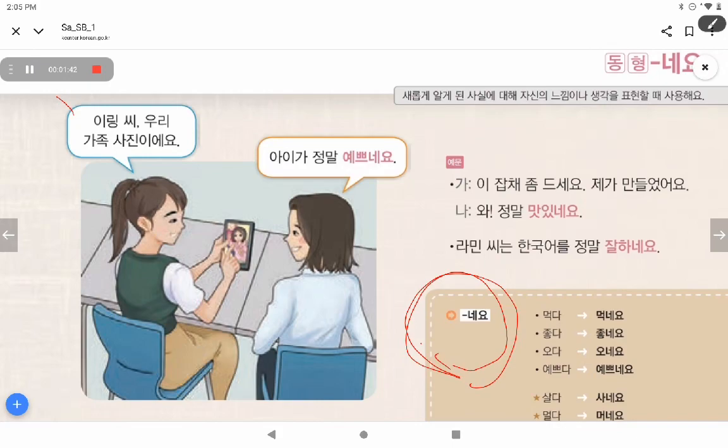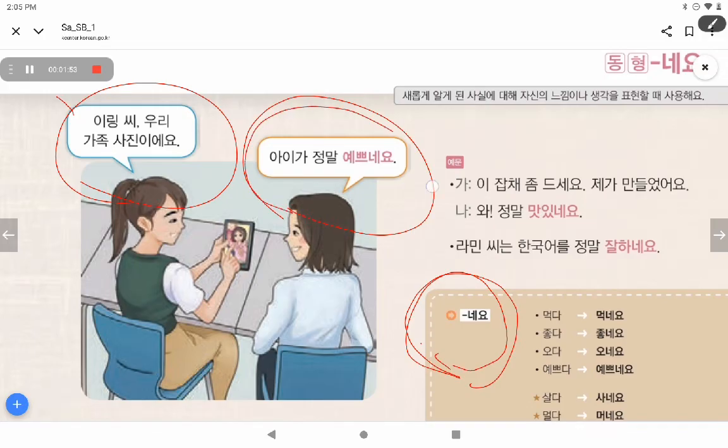Miss 1인치, this is our 가족 family photo. 아이가 정말 예쁘네요. The child is very pretty. The other person is expressing the feeling, so 예뻐요, 예쁘네요. 예뻐요. Pretty. 예쁘네요. Someone expresses their feelings.